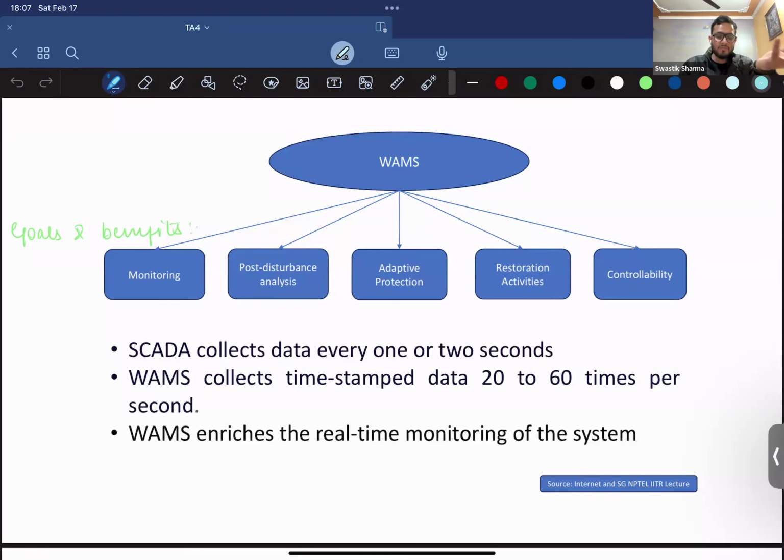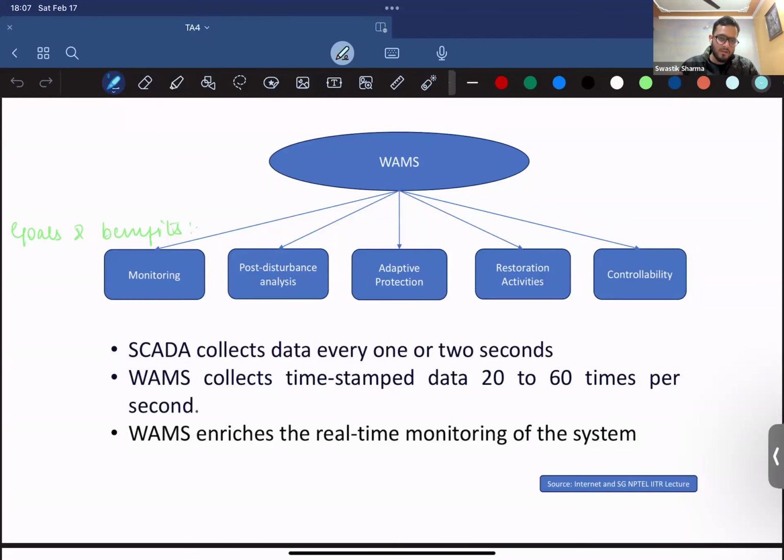Now we used to have monitoring systems in place, right? This was SCADA. SCADA was used, but technologies grow. More and more different kinds of devices are integrated into the systems at different points of time, right? With growing technologies, you need to continuously evolve your monitoring strategies as well.